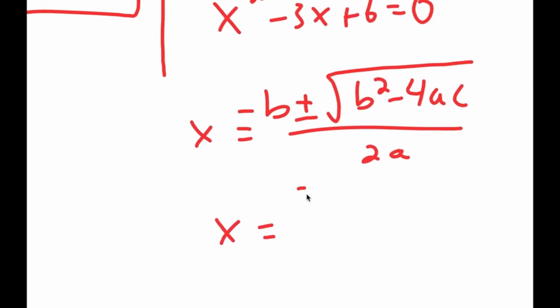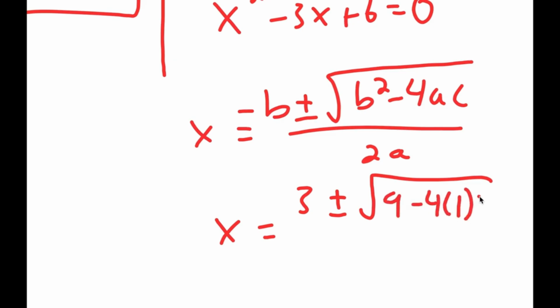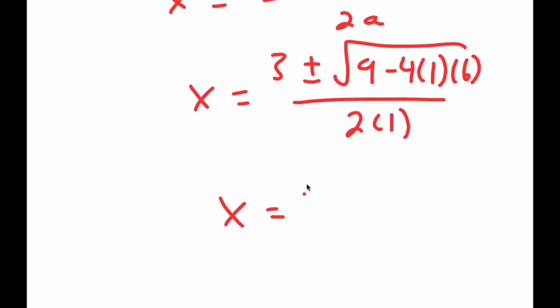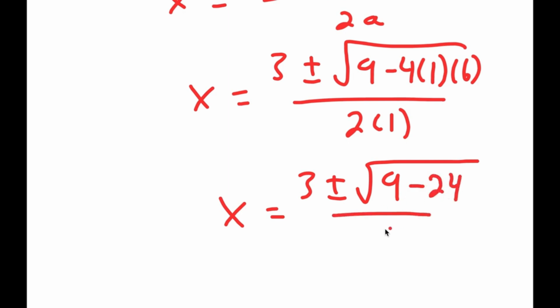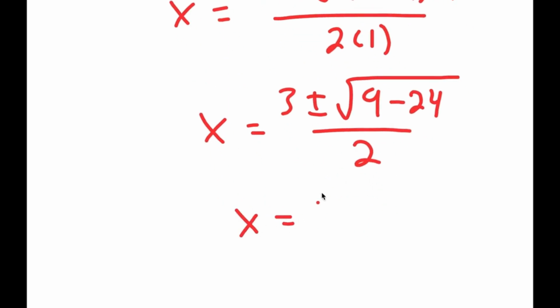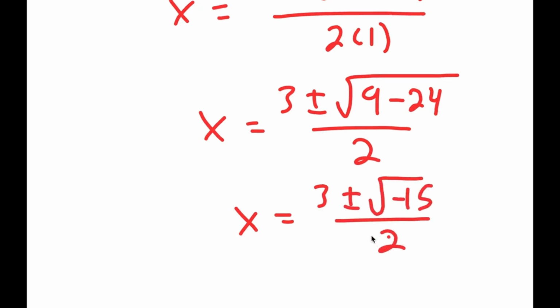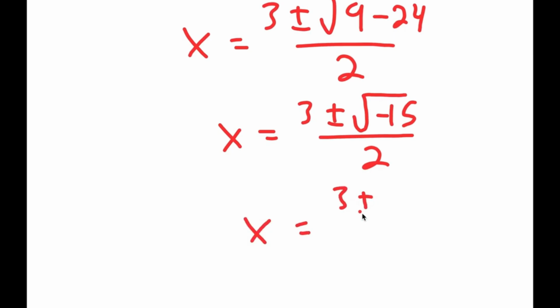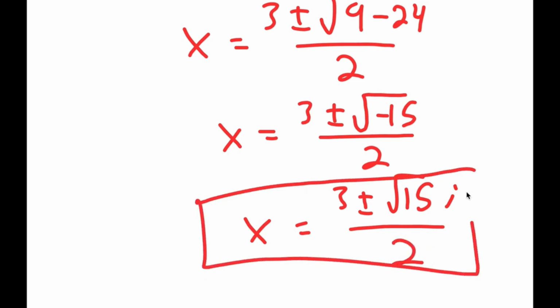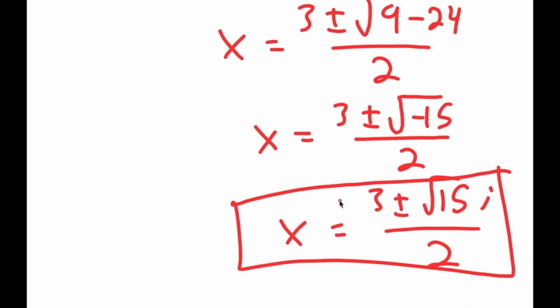So I get 3 plus or minus the square root of 9 minus 4 times 1 times 6 all over 2a, so 2 times 1, which is equal to 3 plus or minus the square root of 9 minus 24 over 2, which is equal to 3 plus or minus the square root of negative 15 over 2, which is equal to 3 plus or minus the square root of 15i over 2. So these are two other solutions to my equation.